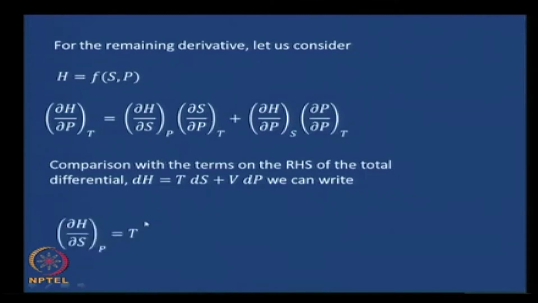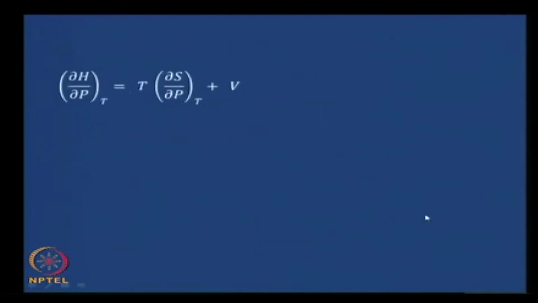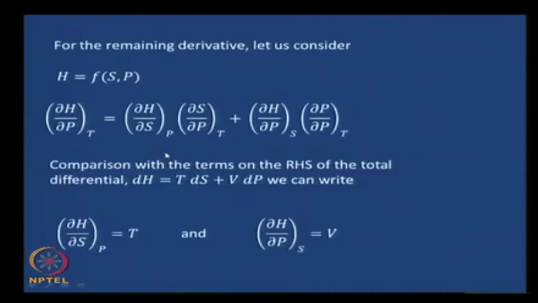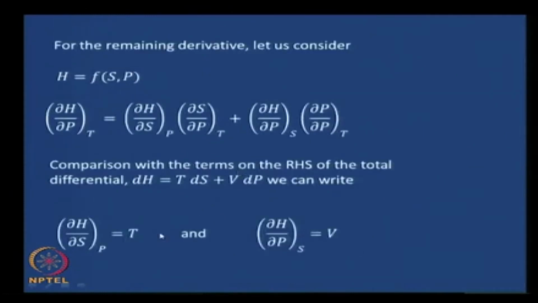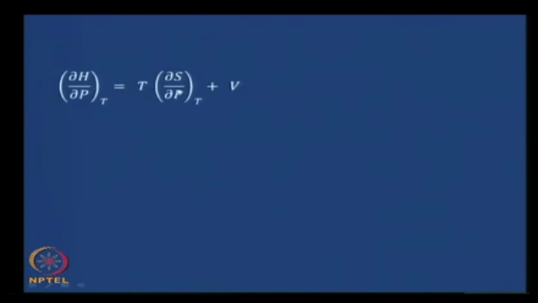We can write that ∂H/∂S at constant P equals T, and ∂H/∂P at constant S equals V. Therefore, ∂H/∂P at constant T, which is the one that we require, is nothing but T ∂S/∂P at constant T plus V. So we have gotten all 4 quantities that we were required to get.